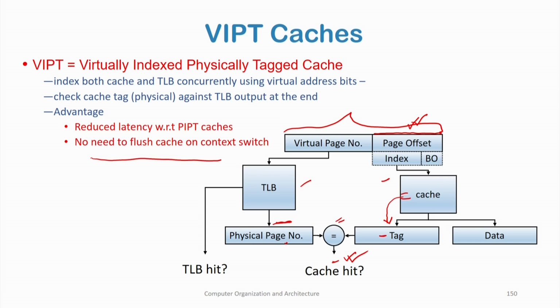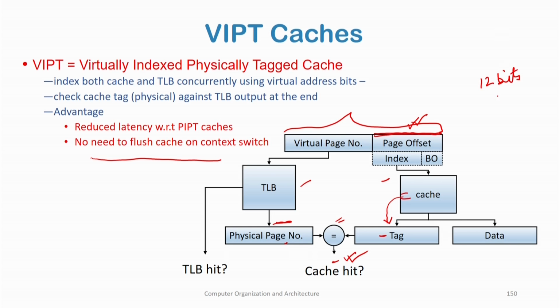If I am doing this, then what is essentially happening is that I am indexing the cache using physical addresses only, because the page offset part of the virtual address and physical address is the same. So, let us say I have a page offset of 12 bits.